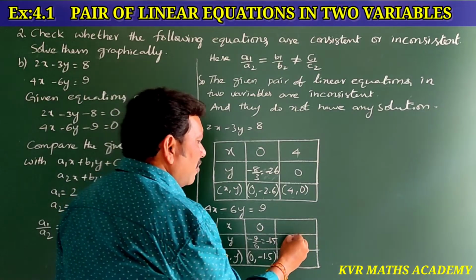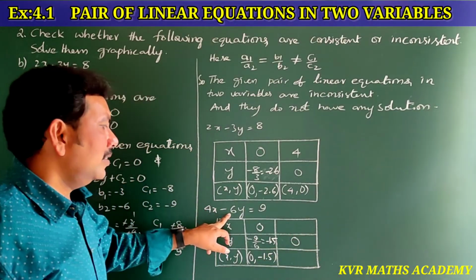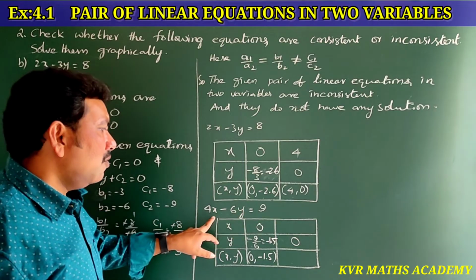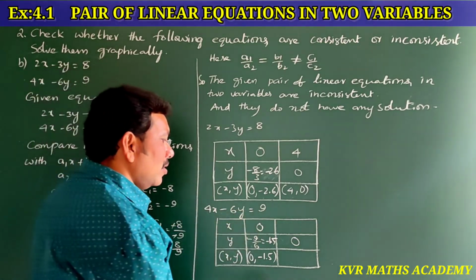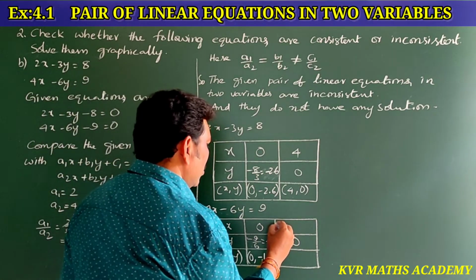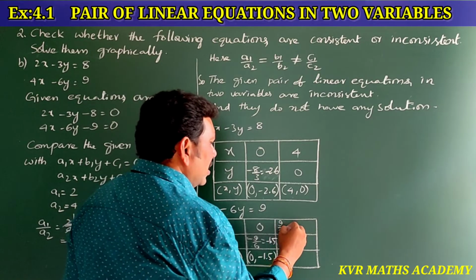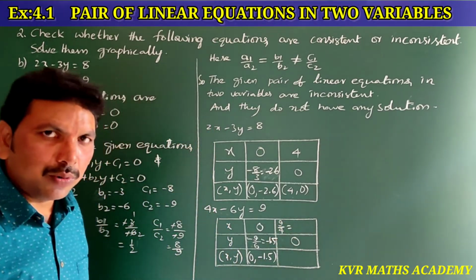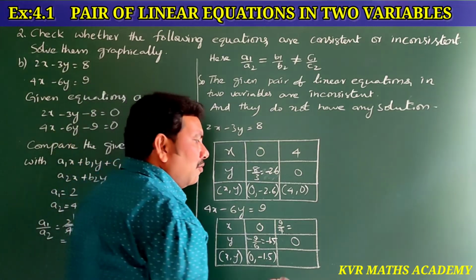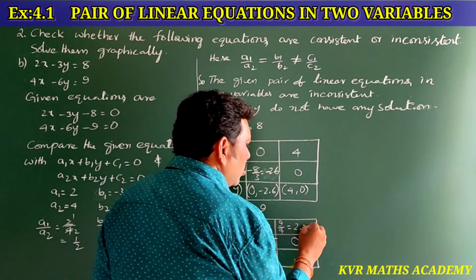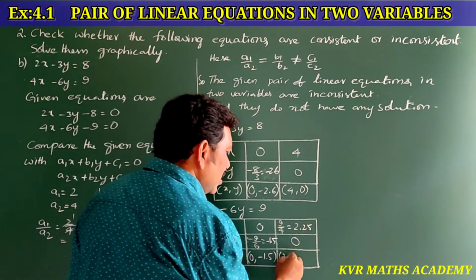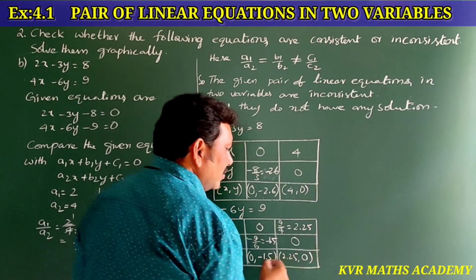Next, in the place of y take 0. This is 0 means 4x is equal to 9, x is equal to 9 by 4, that is 2.25. So this is 2.25 comma 0.